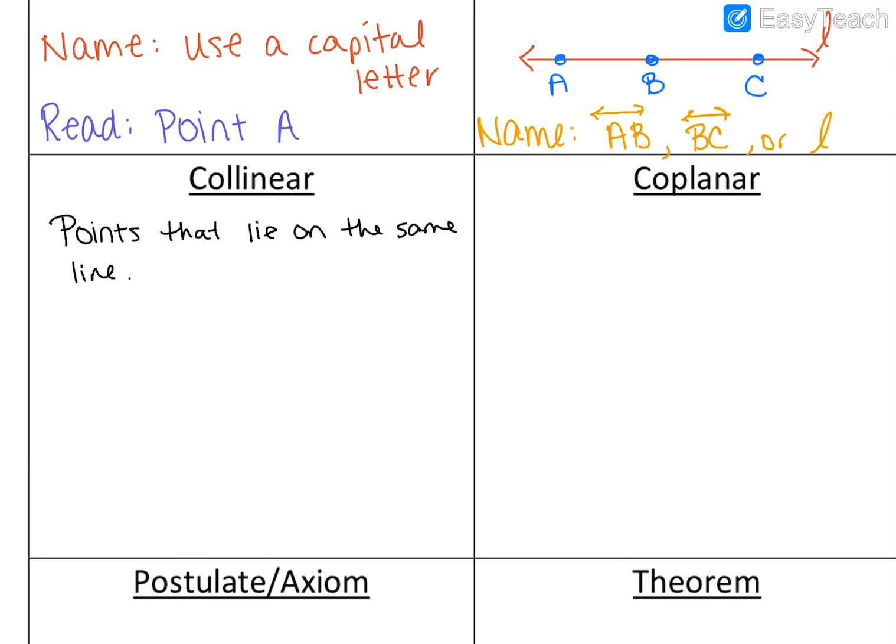Okay, so let's draw a couple lines here. They have to have arrows on the ends to be lines because we're going to learn what they mean if they don't have the arrows in just a little bit. So let me put some points on here.